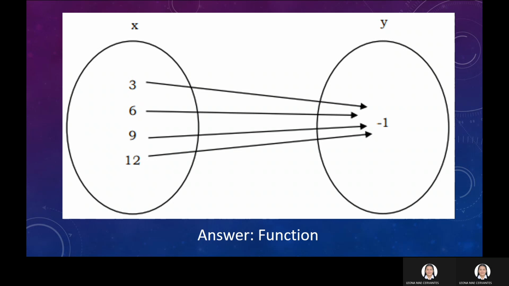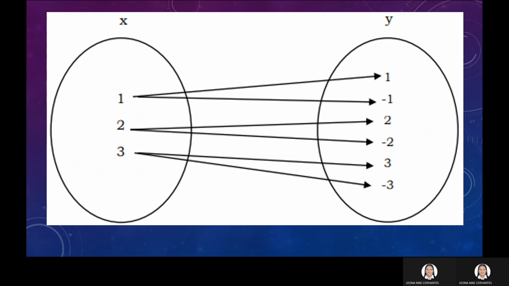Next, another example. We have 1 to positive 1 and negative 1. Positive 2 to positive 2 and negative 2. Positive 3 to positive 3 and negative 3.